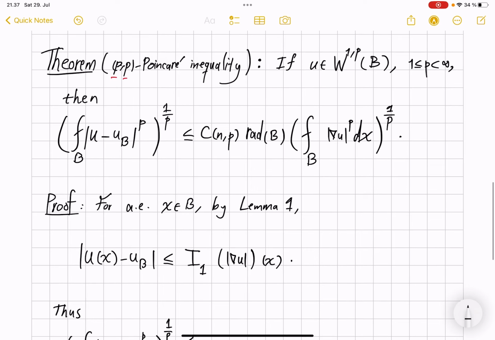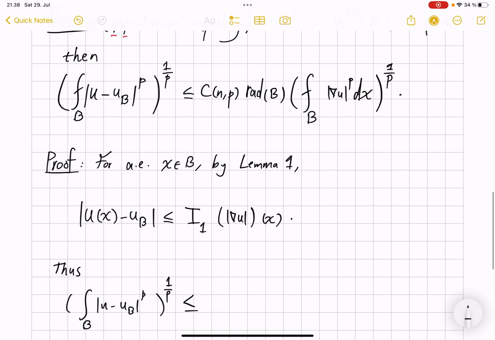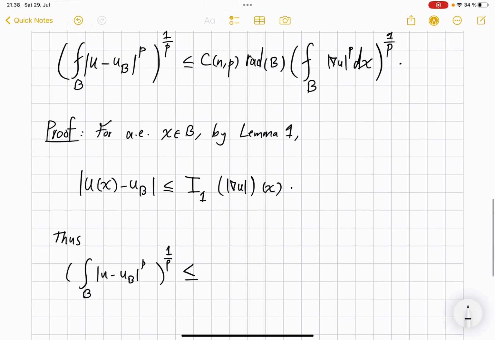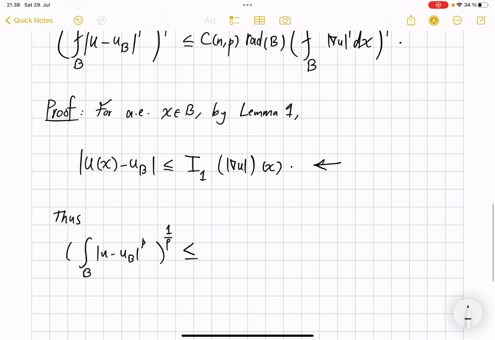Okay, so from Lemma 1, we know that for almost every point x, we have this pointwise inequality. And so we want to estimate the L^p norm of the left-hand side. So you take it to power p, you integrate and you take the pth root.